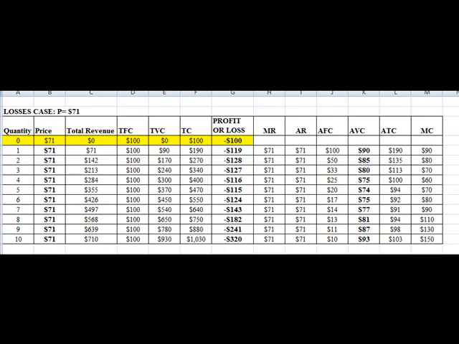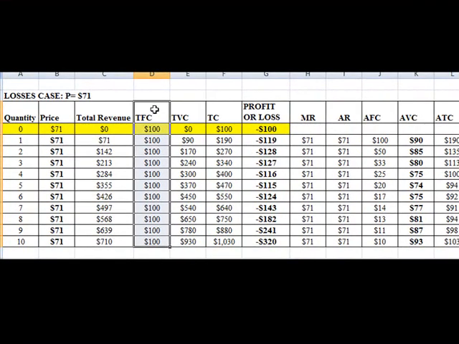So the last point of interest is what's known as the shutdown point. This is the question of when should the firm leave. We looked at losses and decided that at that point we weren't going to leave the market, we were going to stay in and operate at a short-term loss. Now if I pay attention to total fixed cost, I see that at 0 production I've got a fixed cost of $100.